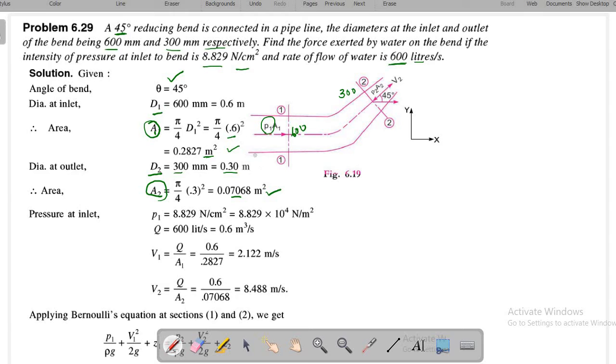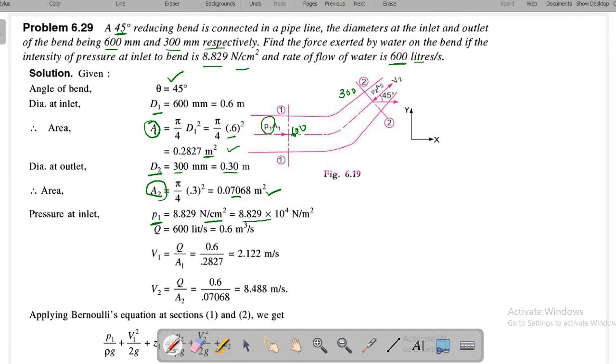Now we have got the areas as well as the diameters, and we have noted theta. Then the force exerted by the water on the bend is to be calculated, but it exerts pressure. That pressure intensity at inlet is P1, that is 8.829 Newton per centimeter square.